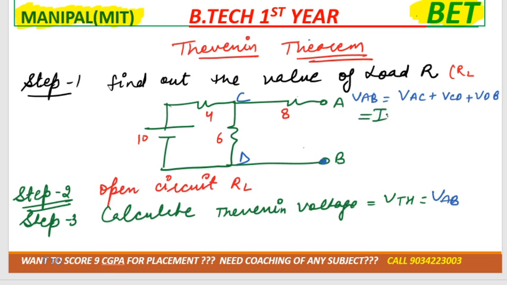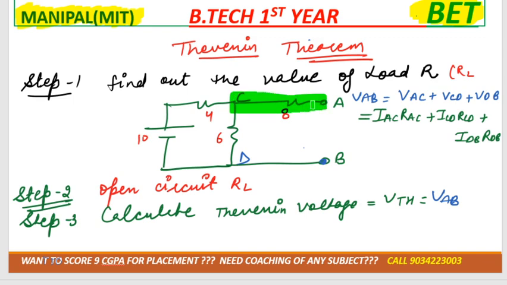According to Ohm's law, VAC is how much? IAC into RAC. VCD is ICD into RCD. VDB is IDB into RDB. Correct? Now tell me, will there be any current flowing through the open circuit wire?